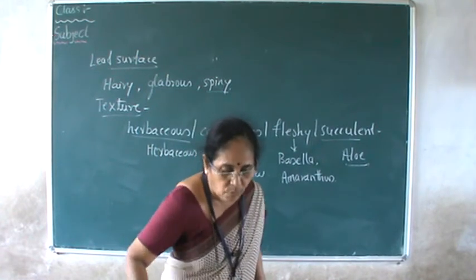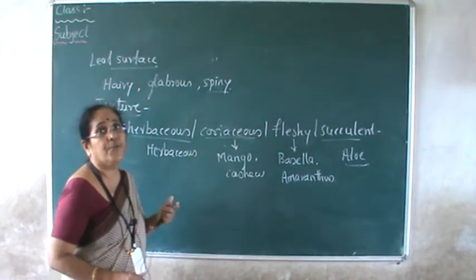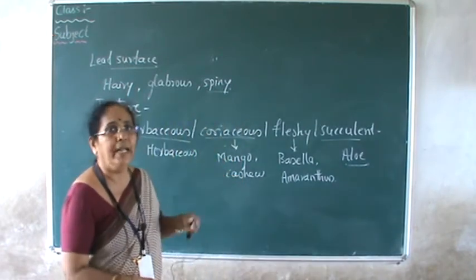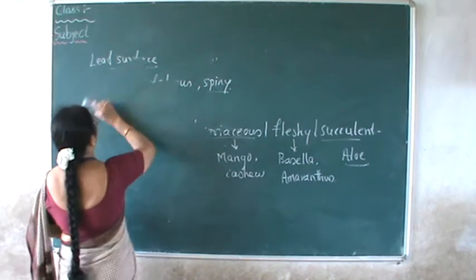So these are the words which are used to describe leaves. About 10 different words we are going to explain with respect to the description of the leaf of every plant. I will describe one leaf now.